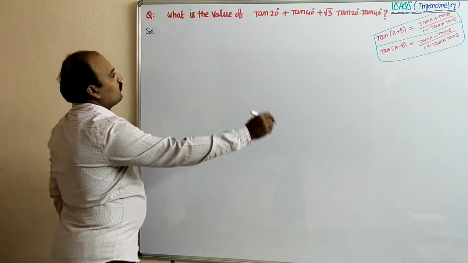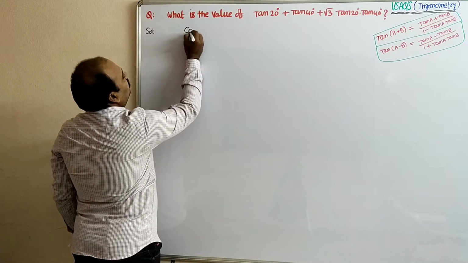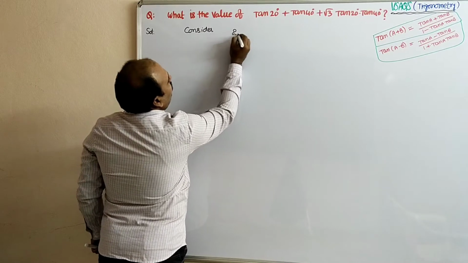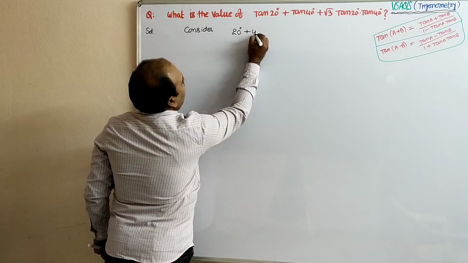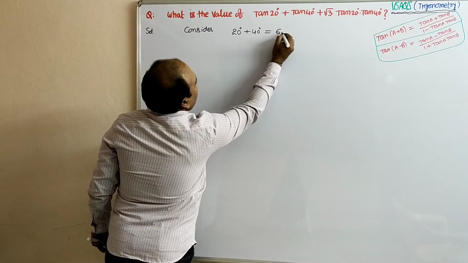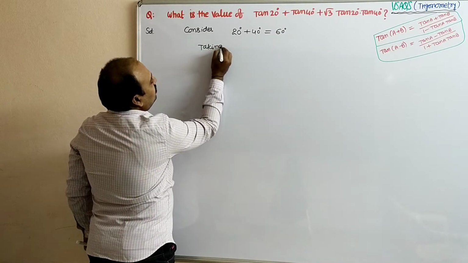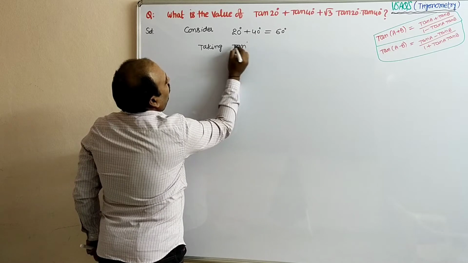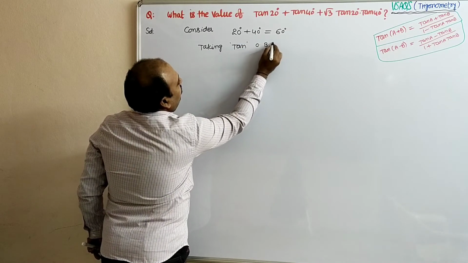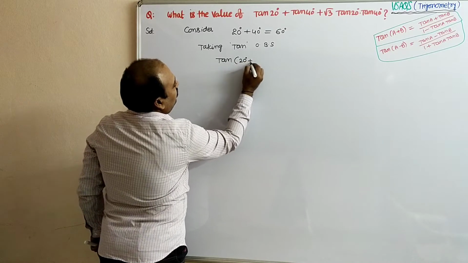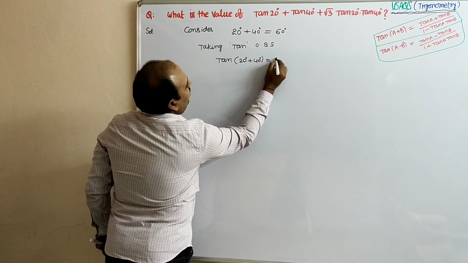Now consider 20 plus 40 is equal to 60 degrees. Taking tan on both sides, so tan of 20 plus 40 is equal to tan 60.